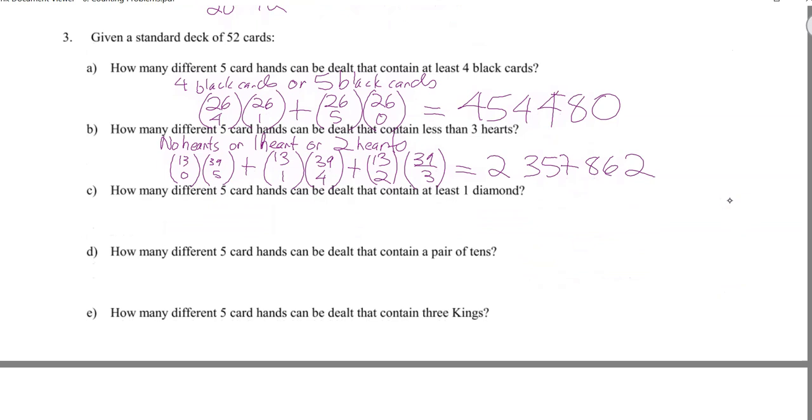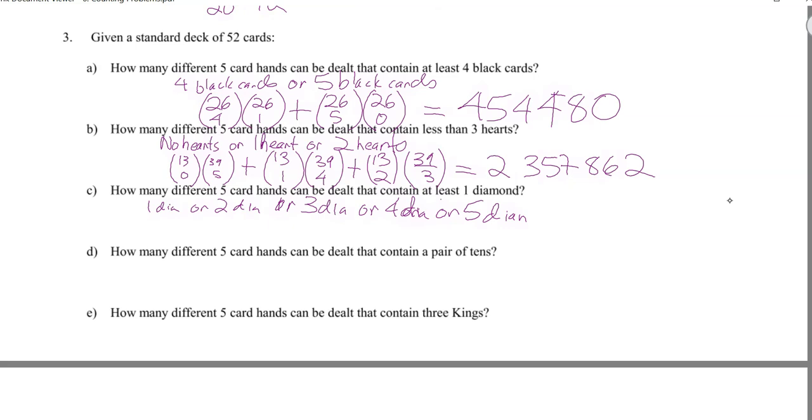How many different 5-card hands could be dealt that contain at least 1 diamond? All right, at least 1 diamond is 1 diamond, or 2, or 3, or 4 diamonds, or 5 diamonds. Now, the only thing else there is no diamonds.